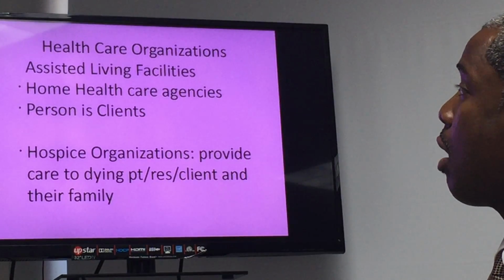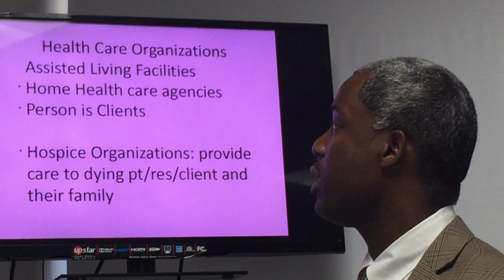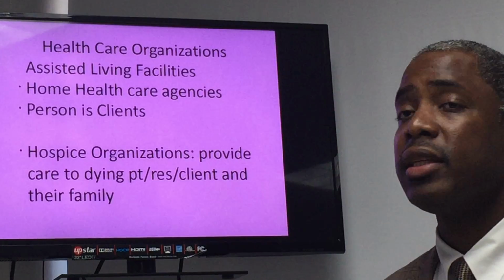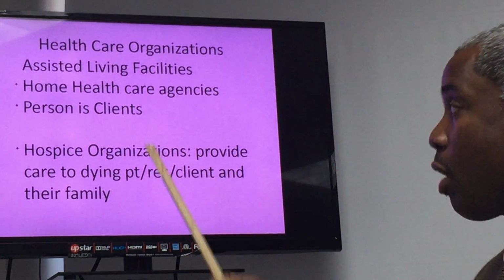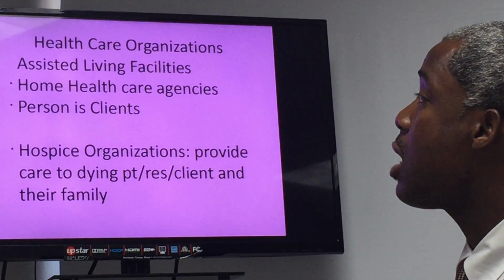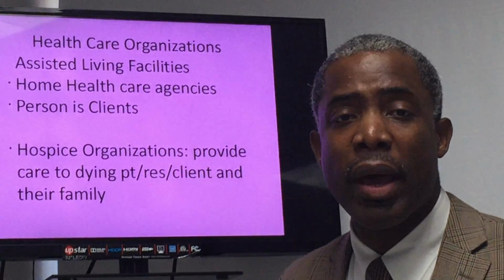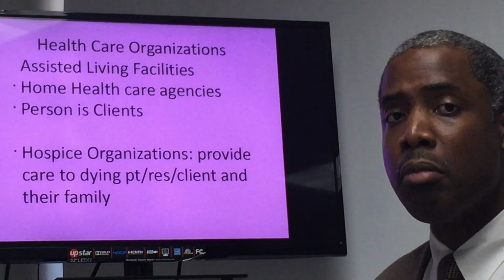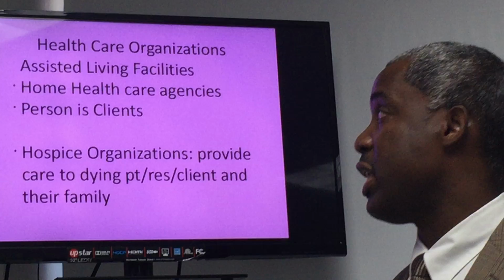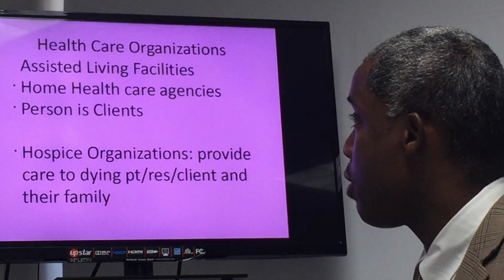Other facilities are assisted living facilities. These are the type of facilities where the person is called a client, first of all, and they need a little bit of help. They can do most of it by themselves, so they don't really need to be in a nursing home.